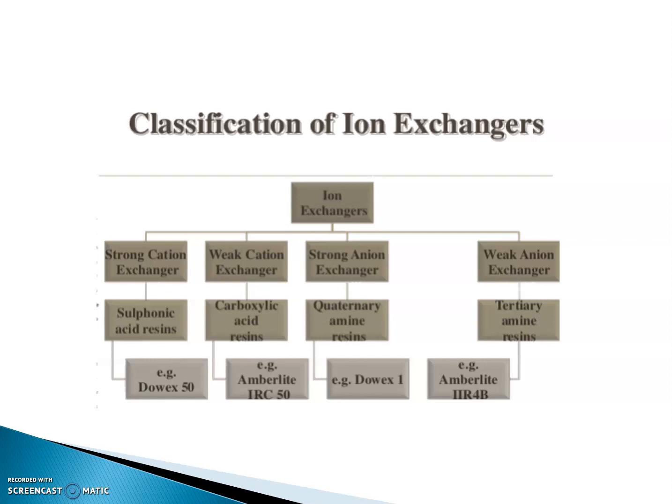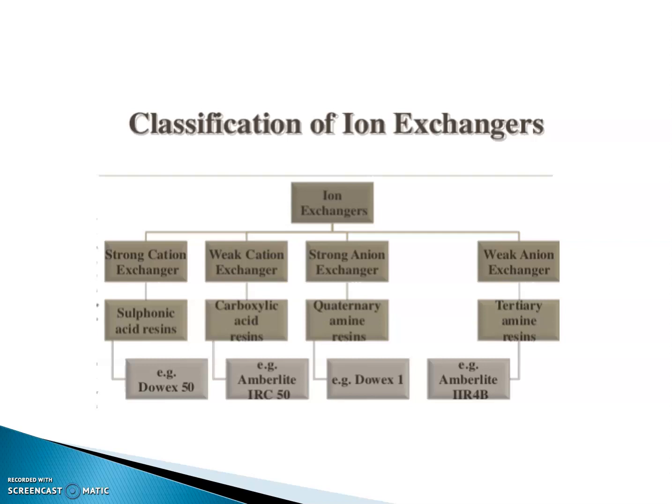The commercial names of all these resins are listed here. An example of a strong cation exchanger is Dowex 50. An example of a weak cation exchanger is Amberlite IRC 50. An example of quaternary amine resins is Dowex 1. Examples of tertiary amine resins are Amberlite IR-4B.